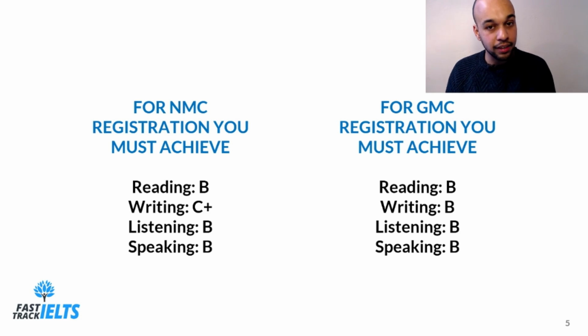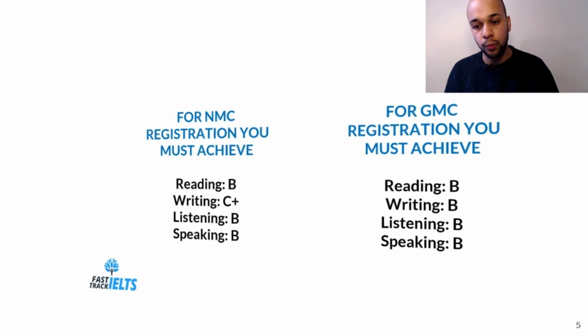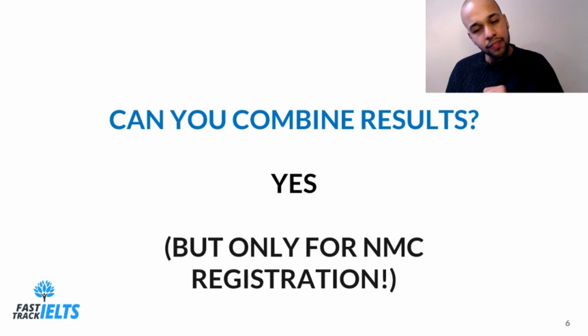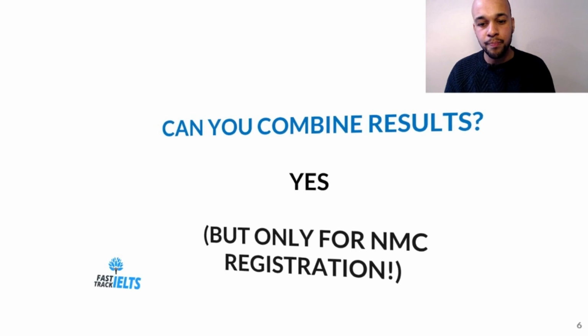With the NMC, however, for nurses, it is a little bit more complex, and there's one thing you can do if you don't pass the test, which is combining the results. This is a little bit complex, so I'm going to explain it in some detail, as there are lots of different rules of what they will accept and what they won't accept.